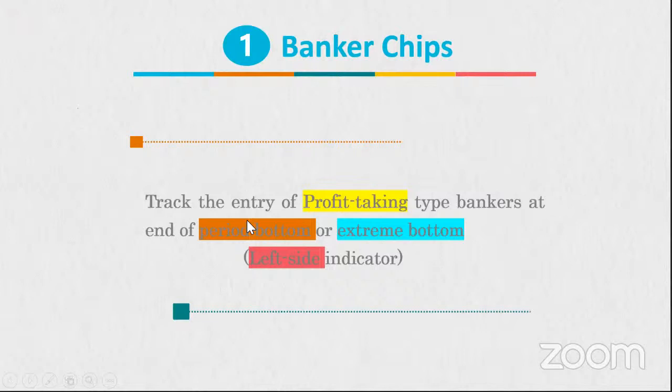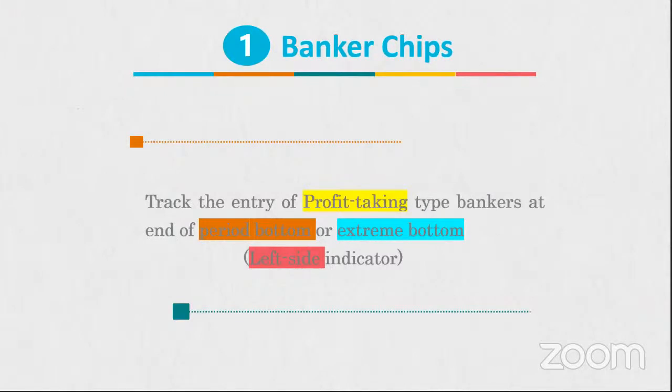Period bottom, maybe it's a forceful rebound on the left side, in the middle of the medium term to long term correction. Then period bottom, also banker chips might appear. In conclusion, it is the left side indicator. It always appears on the left side of the bottom rather than the right side, okay?